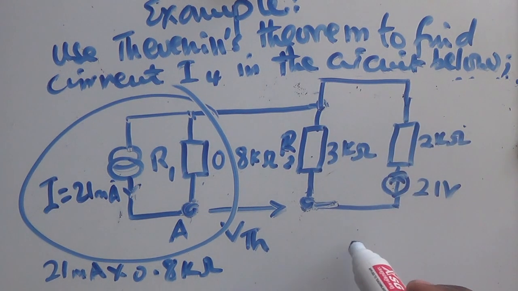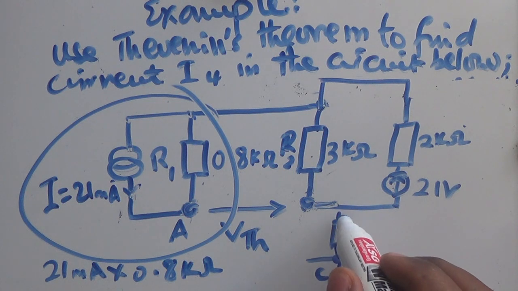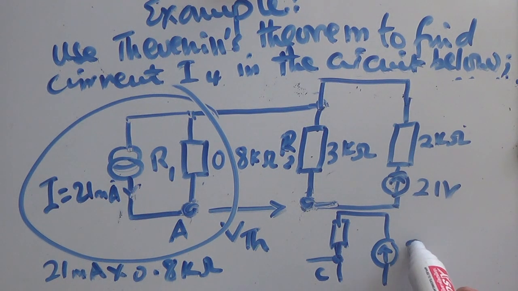This resistor can come and be here, and this becomes our point C, and then we have the 3, and then we have the voltage source here, so this is the 21 volts.